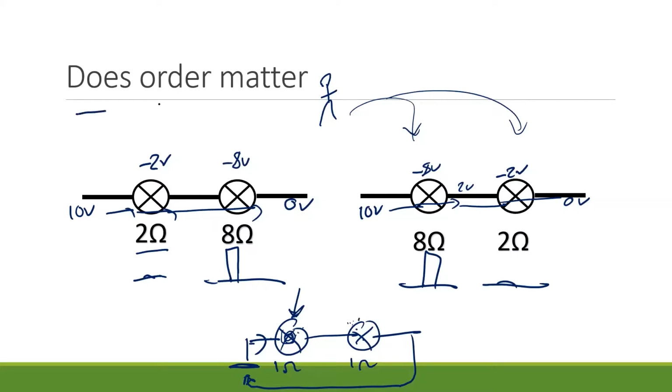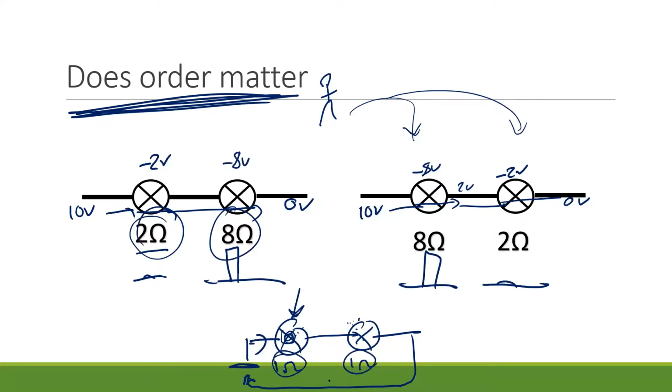The order doesn't matter. What matters is the resistance. And if they're the same resistance, then they will lose the same amount of voltage. Yeah, they are equal. So you guys sort of figured it out. But trust me, when you see that question on the test, I want you to remember that.